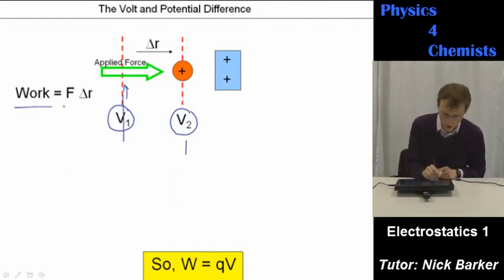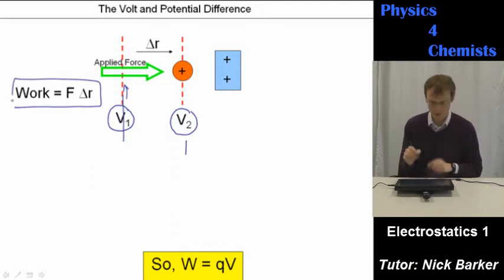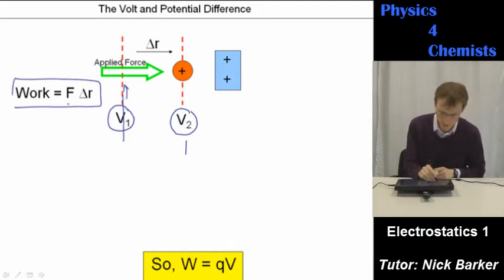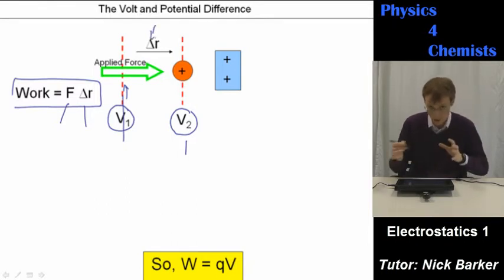The work that you do, you may remember this, if not, you need to know that work done is equal to a force multiplied by a distance. And so in our diagram, the distance is a tiny, tiny change, and so we use delta R, a small change in displacement.